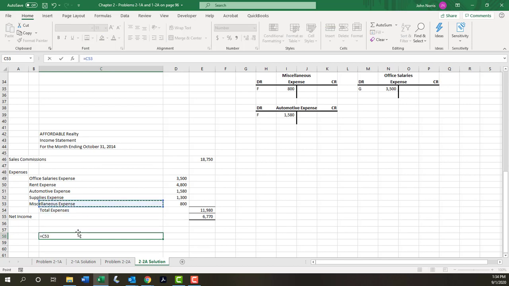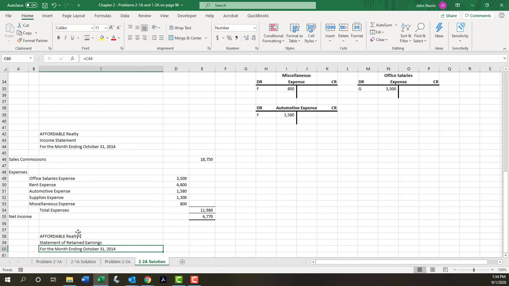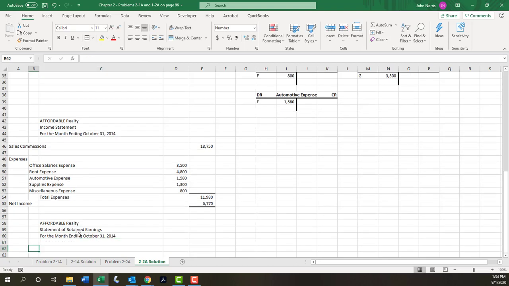The statement of retained earnings also for the month ending October 31st. Beginning retained earnings was 0.